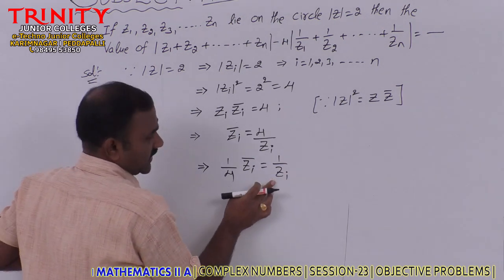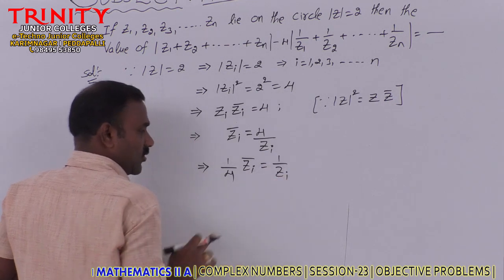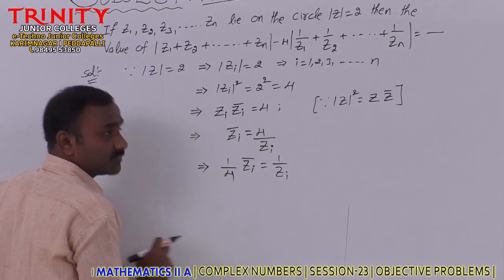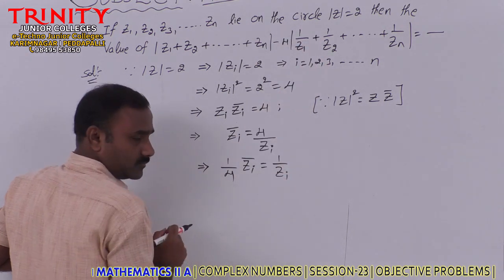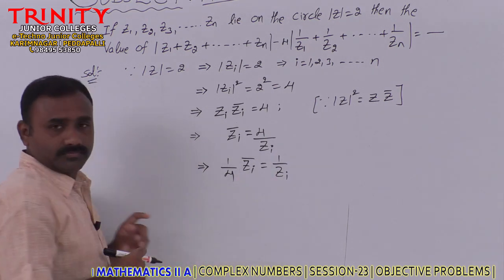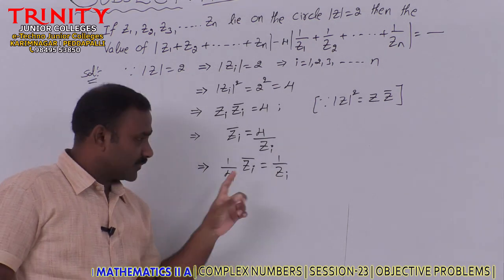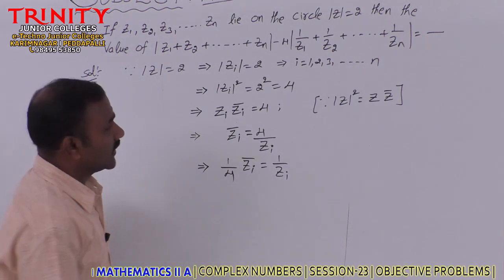Then from this we can say that when i is equal to 1, 1 by Z1 value is 1 by 4 Z1 bar. What we require here is 1 by Z1. If we put i equal to 2, then it becomes 1 by Z2. 1 by Z2 value is 1 by 4 Z2 bar, so on like that.